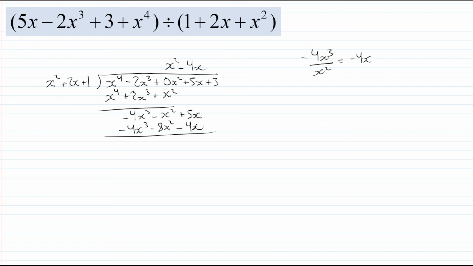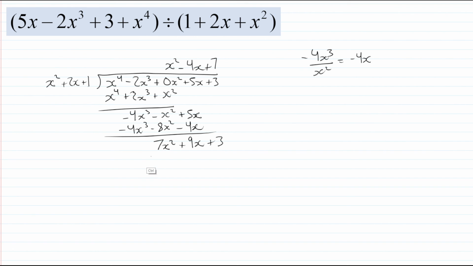All right, and subtract. Negative x squared minus negative 8x squared is 7x squared, and 5 minus negative 4 is positive 9x. And we'll bring down that constant term 3. And final time here, 7x squared divided by x squared is just 7. So we'll write plus 7, and then we'll multiply 7 by that divisor.